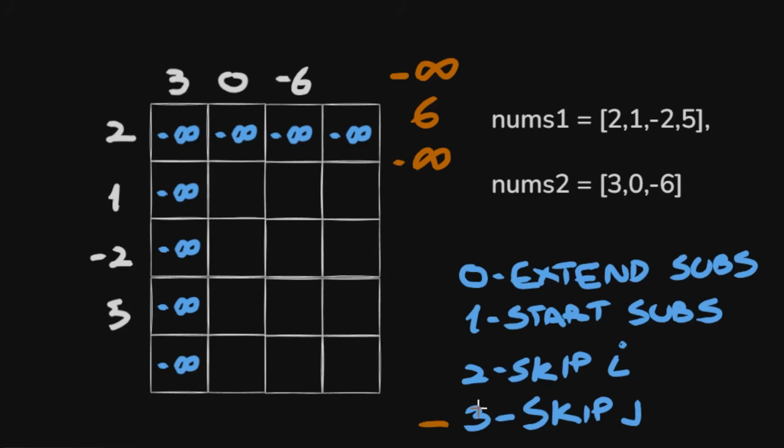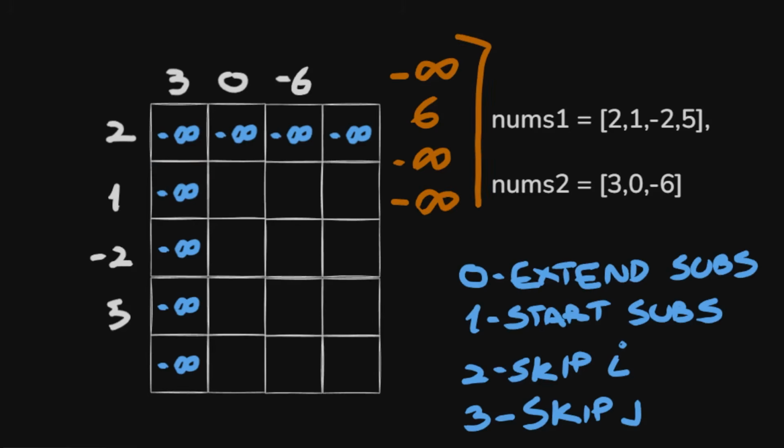And we also have this scenario where we skip the number from nums2, so we are skipping this. If we are standing here, now we are looking at this cell. Remember that this is the scenario where we take one number from nums1 and 0 numbers from nums2. So the result of this scenario is also minus infinity.